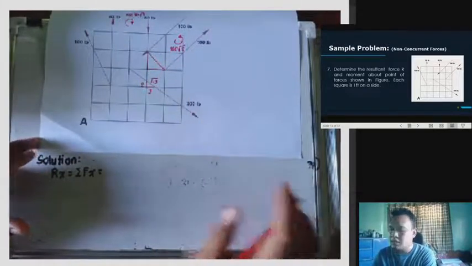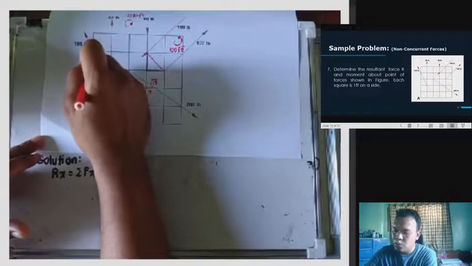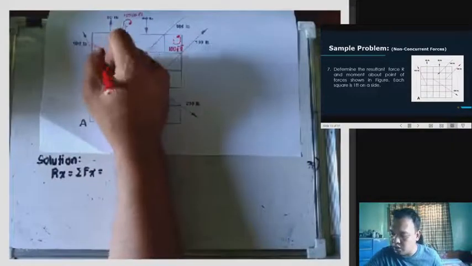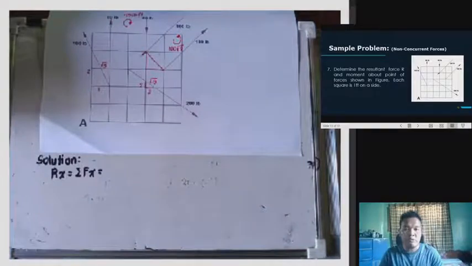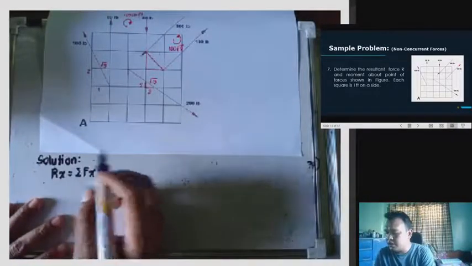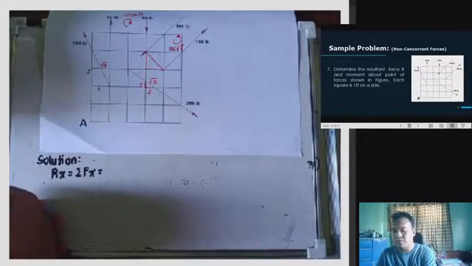No? Then ito, 1 and 2. So the hypotenuse is 2 squared plus 1 squared. We have here square root of 5. So para mas madali makuha yung x component tsaka y component niya. So Fx going to the right is positive, going to the left is negative.